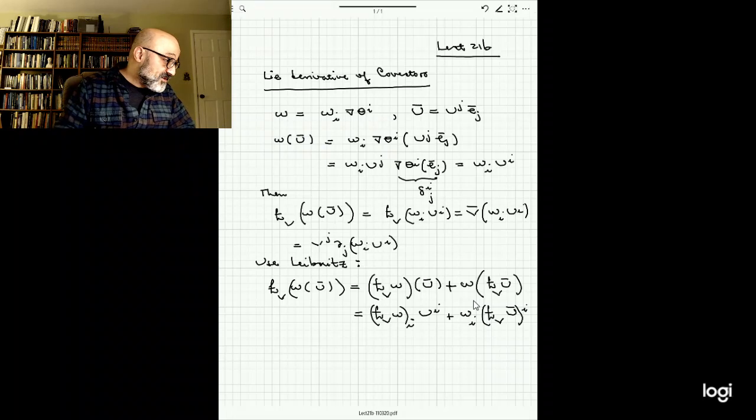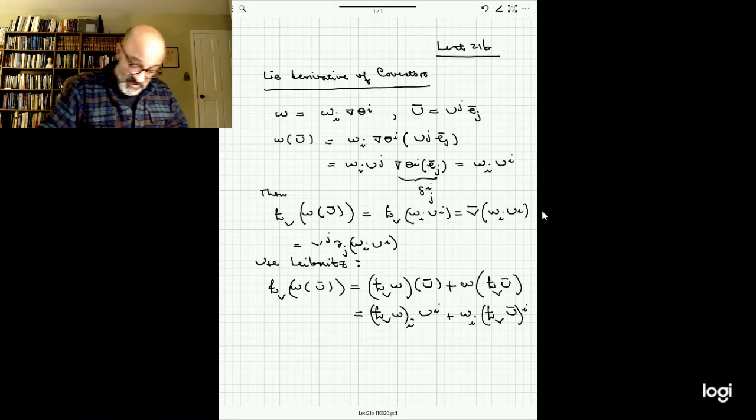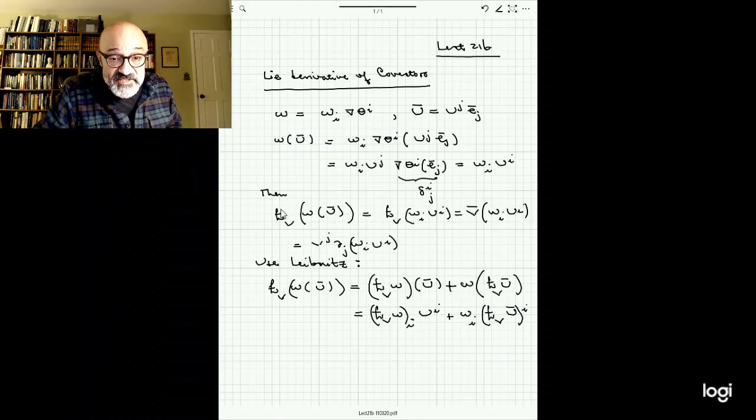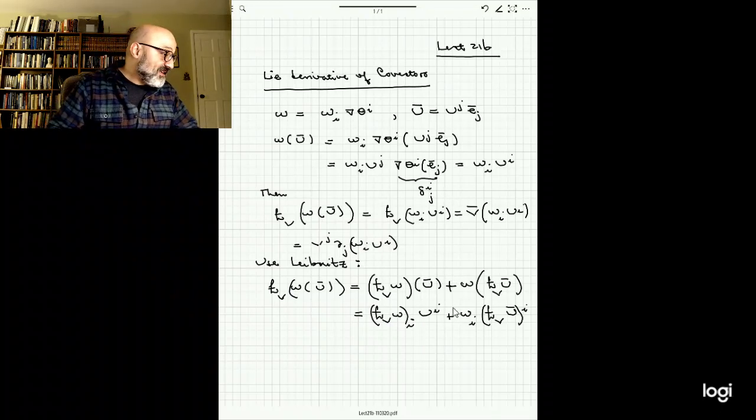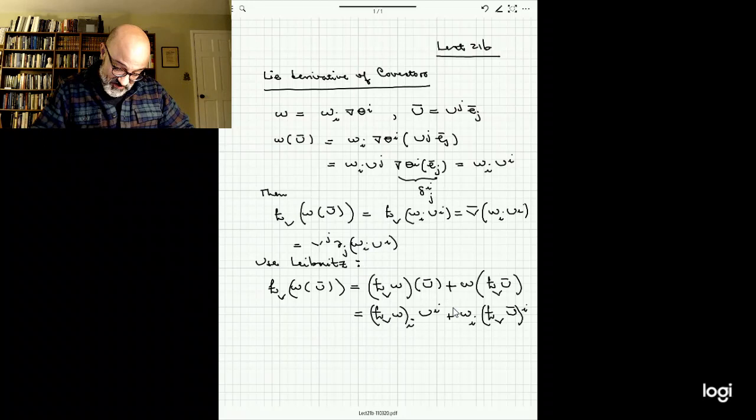When we equate these two expressions, what we're going to get is something as follows.